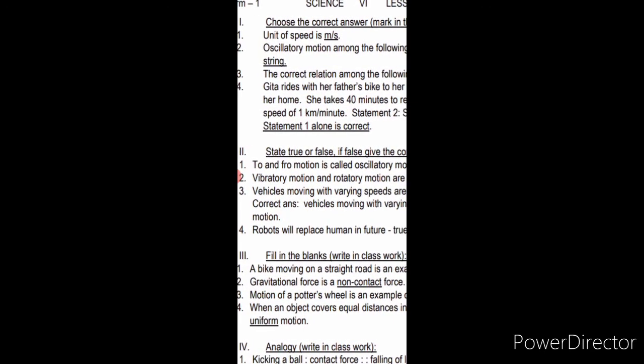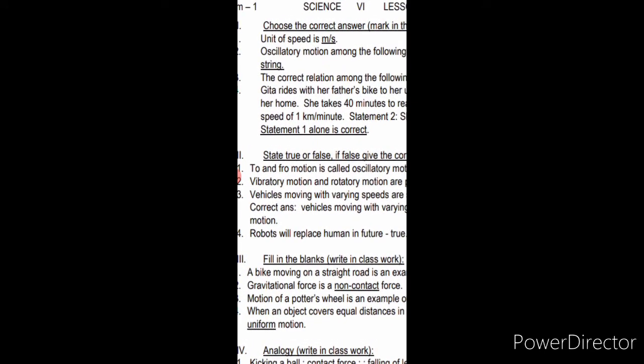Now the fourth question is, Geeta rides her father's bike to her uncle's house, which is 40 kilometers away from her home. She takes 40 minutes to reach there. Statement 1: she travels with a speed of 1 kilometer per minute. Statement 2: she travels with a speed of 1 kilometer per hour.